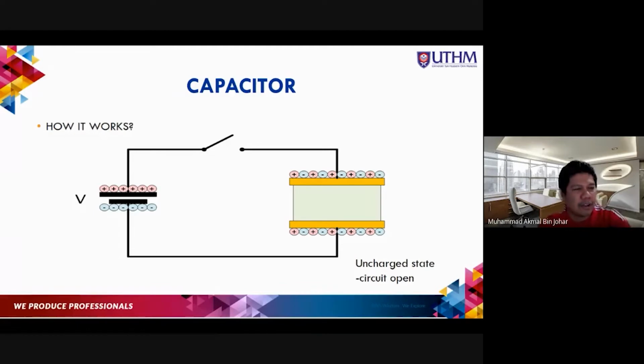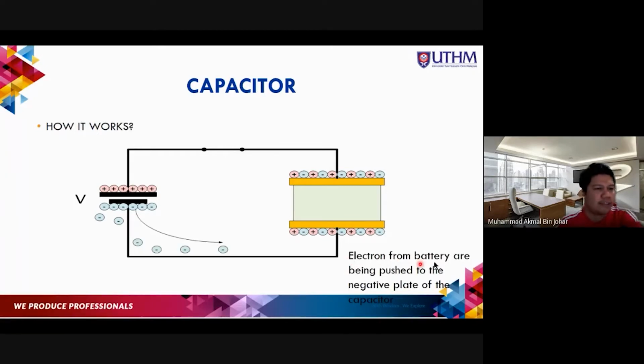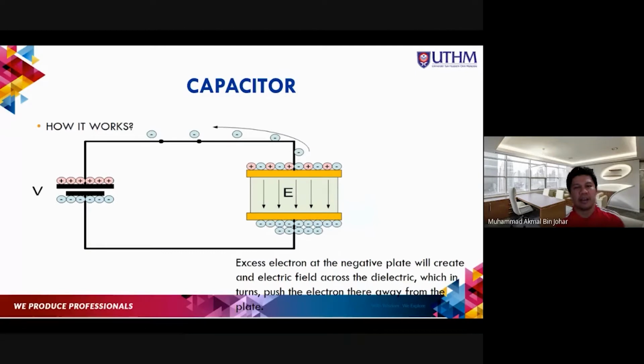So when we close the circuit, it will start the charging state. The electrons from the battery are pushed to the negative plate of the capacitor, and this gives us a higher potential in the capacitor.